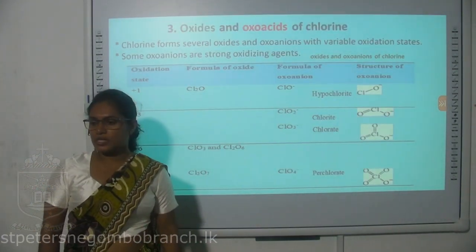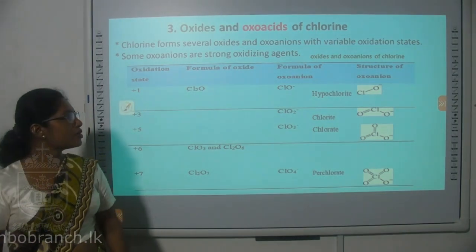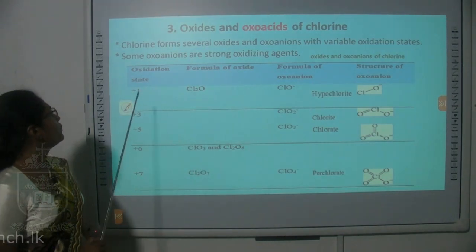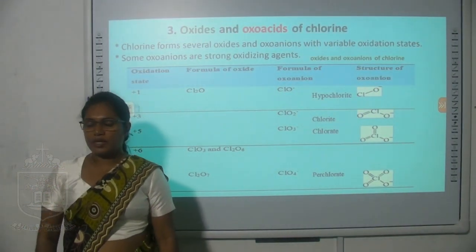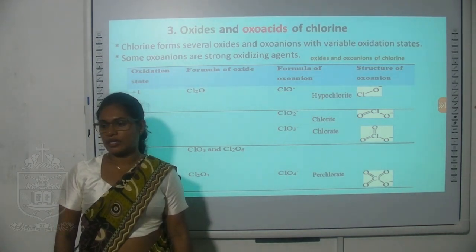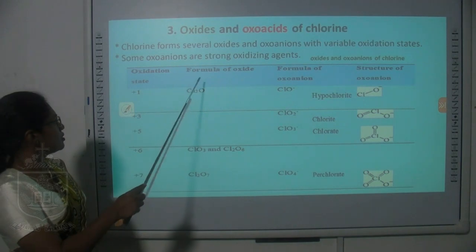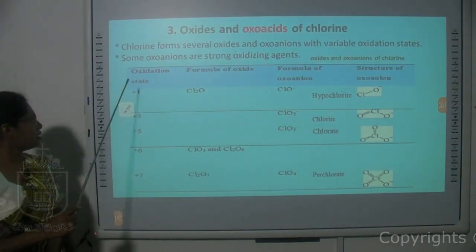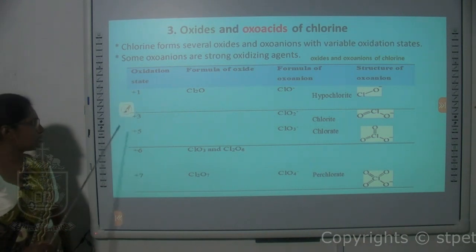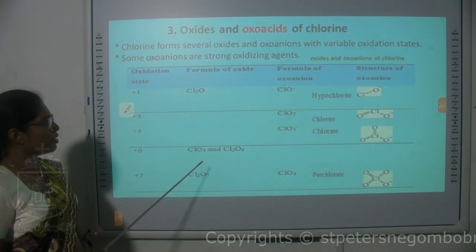Now we are going to discuss the oxides and oxo acids of chlorine. Chlorine forms different kinds of oxides. These are the oxides formed by chlorine, and these are the oxidation states that chlorine shows in the relevant oxide.